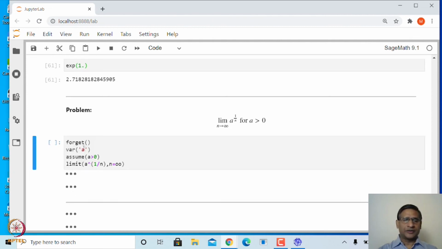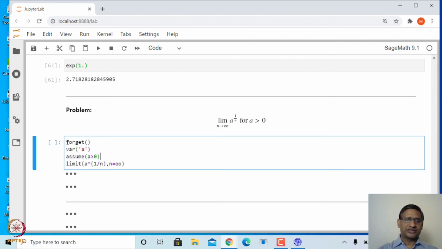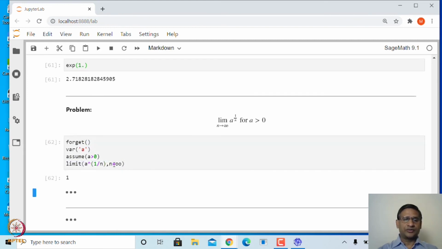But here you can define a as a variable and assume a to be positive. Here forget means, in case we have already defined a equal to something, which we did, we want to forget that variable. Then you can find the limit of a to the power 1 by n as n goes to infinity, and that answer is 1.